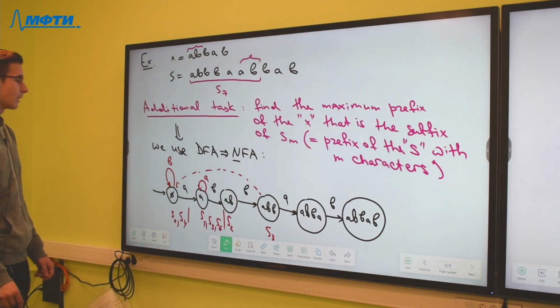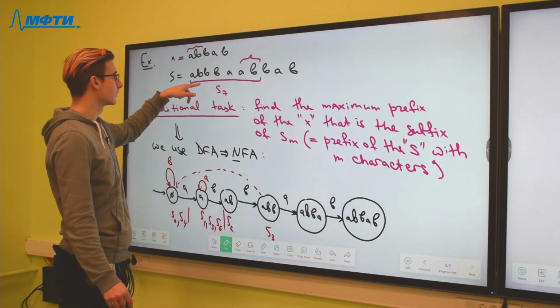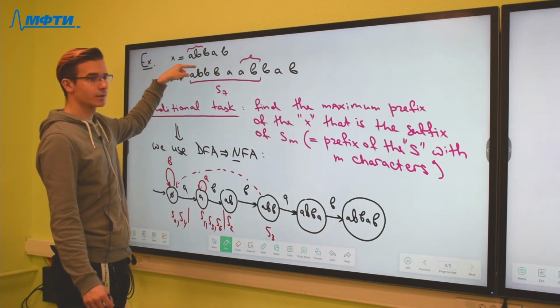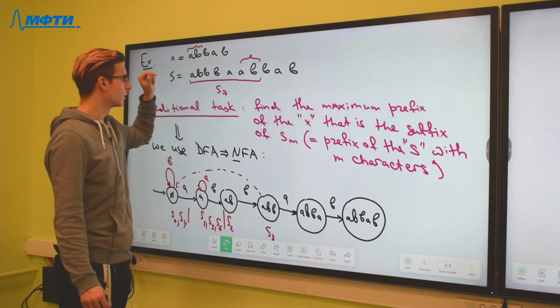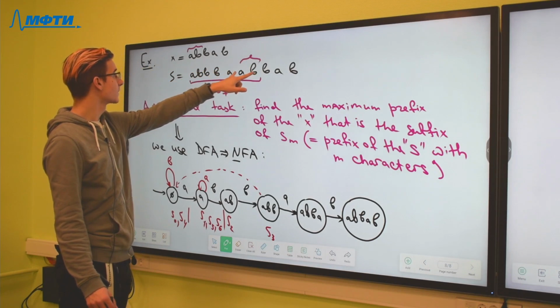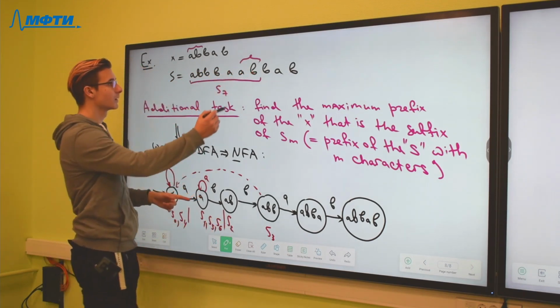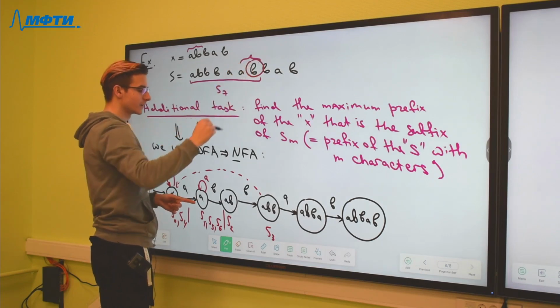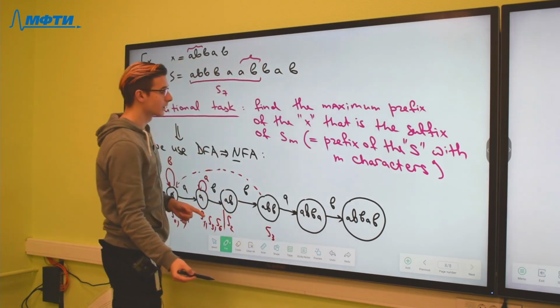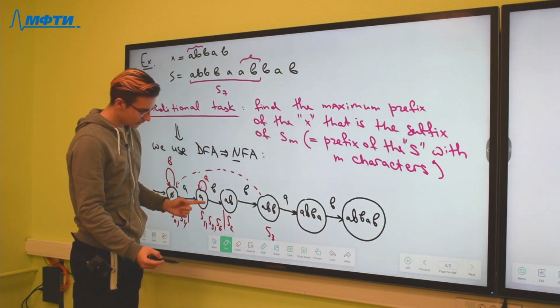Okay. Then I see that for S7, the prefix of the S with 7 characters, the maximum prefix is AB. And I see here that if we read this character, I go from this vertex here by this edge.